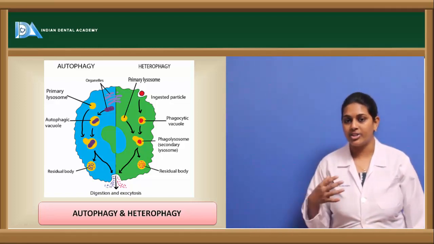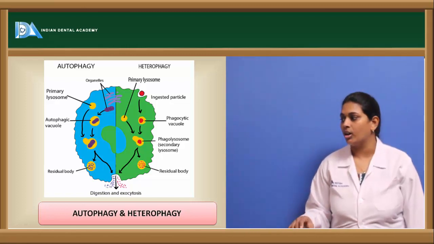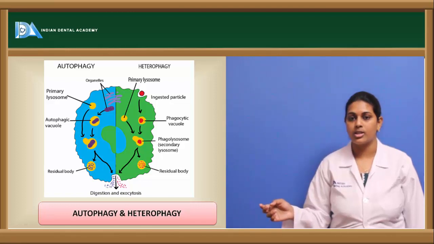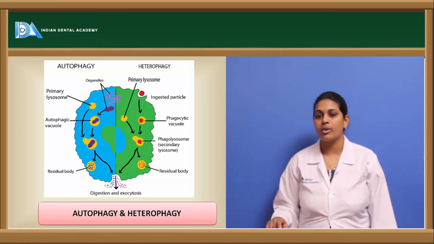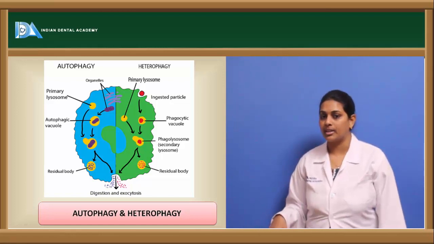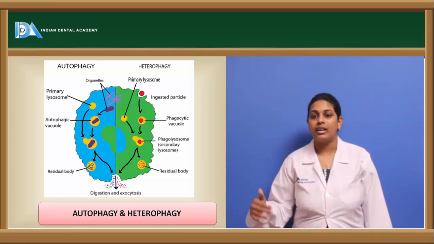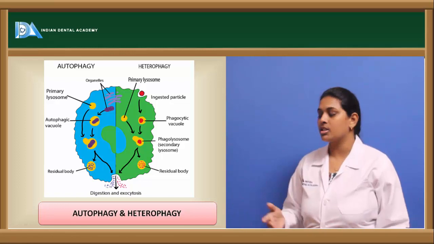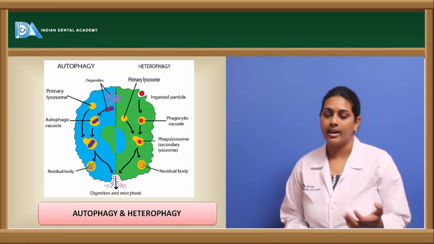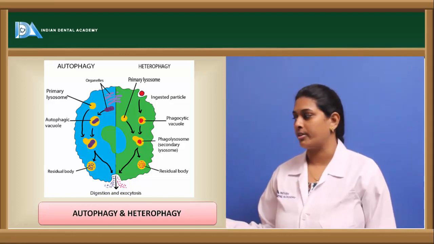The ingested extracellular particle is known as the phagocytic vacuole. It fuses with the lysosome and forms the phagolysosome, otherwise known as the secondary lysosome, and is digested by the lysosomal enzymes, forming the residual body, which is released outside by the process known as exocytosis, that is, expelling out the cellular contents. This is the difference between autophagy and heterophagy.